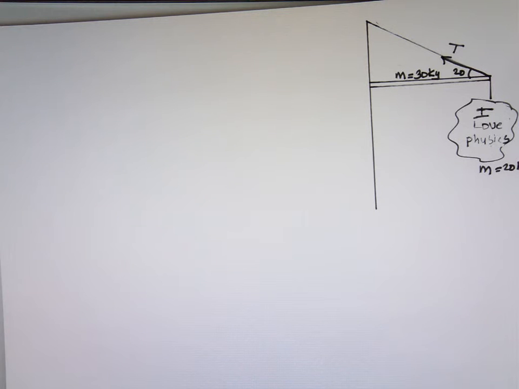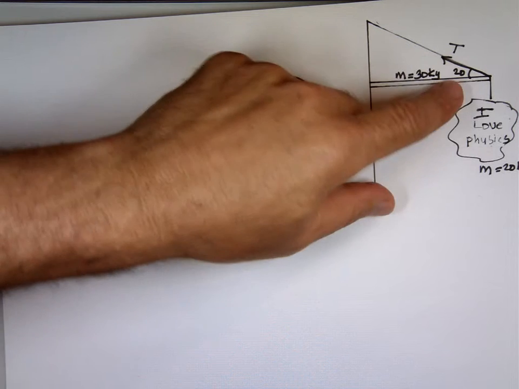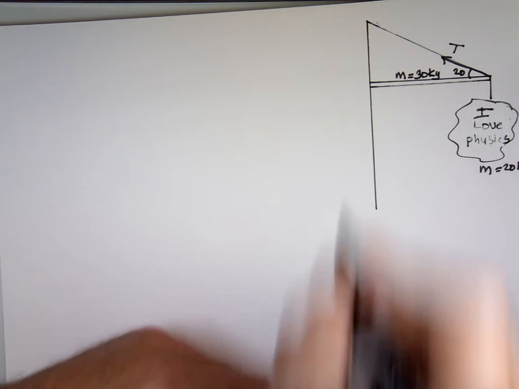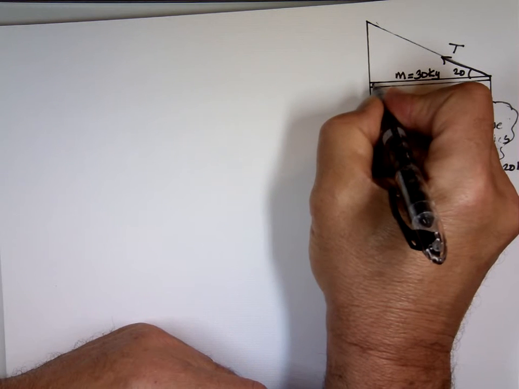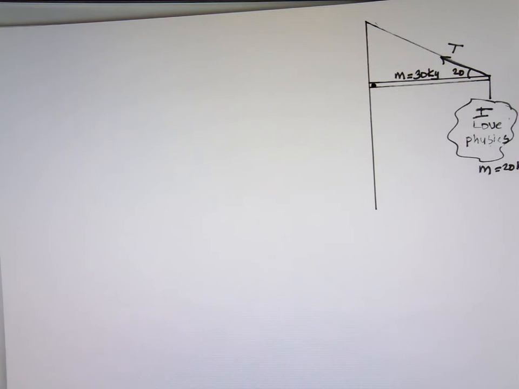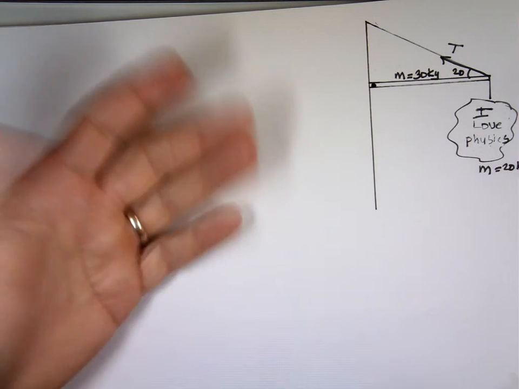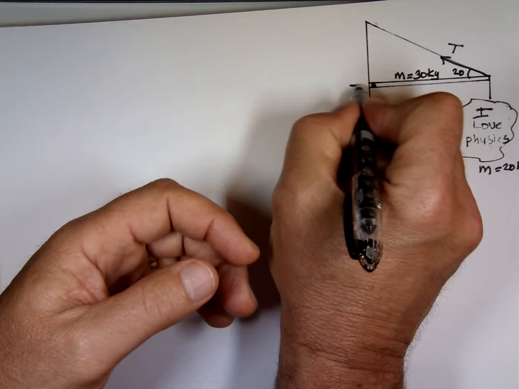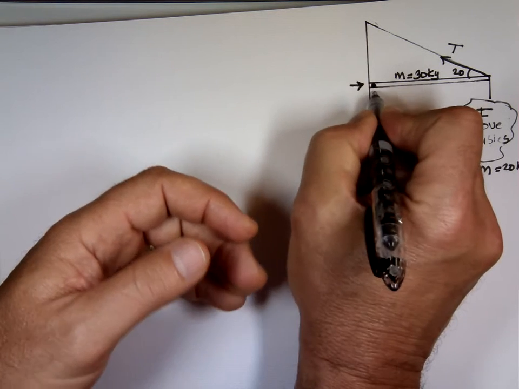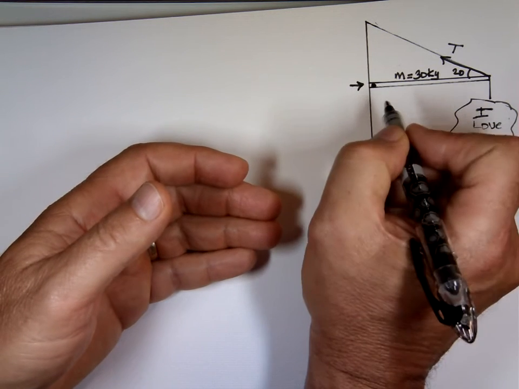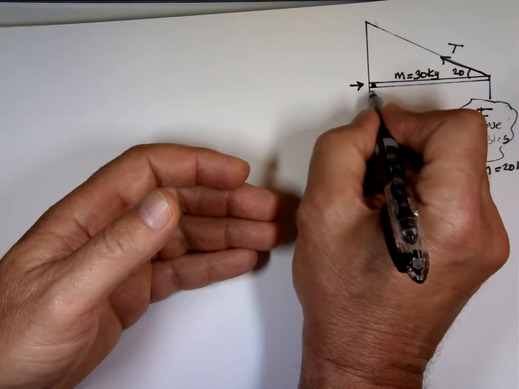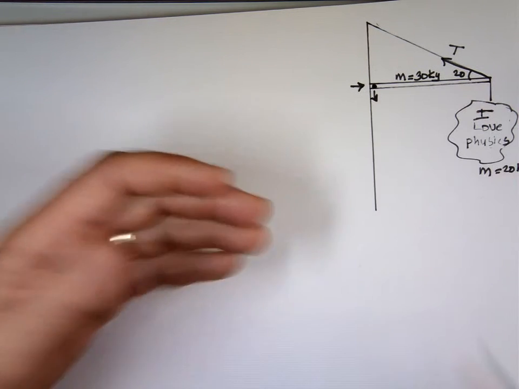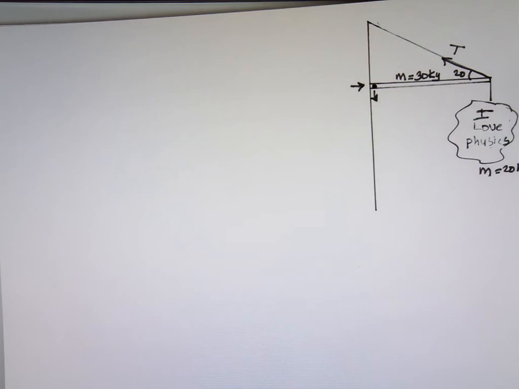So the beam is free to move, this beam, up and down. So there's a pivot point right here. Well, if there's a pivot point right there, there's probably a force pushing in this direction on it. And a force pushing, I have no idea if it's up or down. I really couldn't tell you. I'm going to say it's down. I have a feeling it's going to be down, but I might be wrong. I have no idea what these forces are.